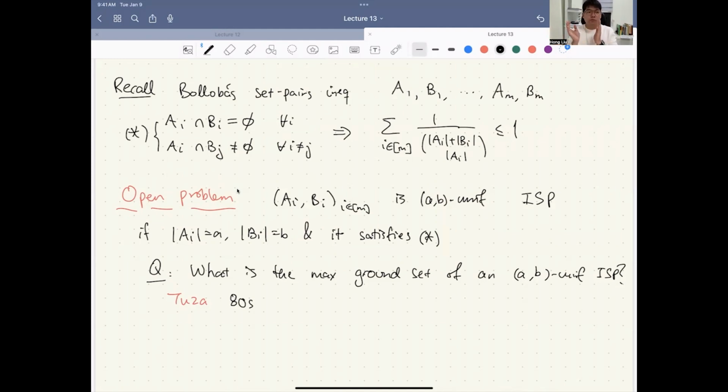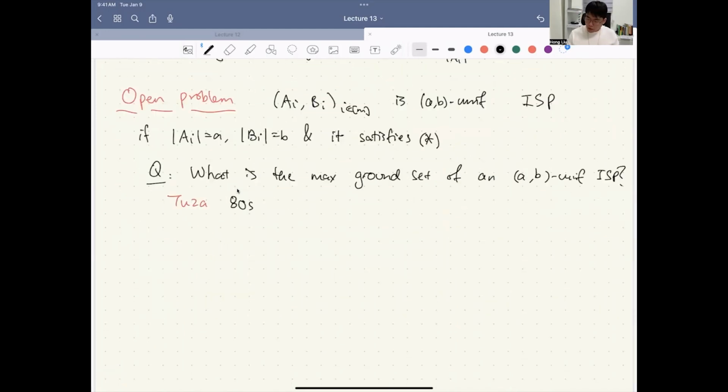So narrowing down this gap between lower and upper bound, closing this constant factor of 4, I think it's interesting. So for those interested in this problem, you can look up the literature. And likely, I will list this as one of the open problems for our student summer research program.